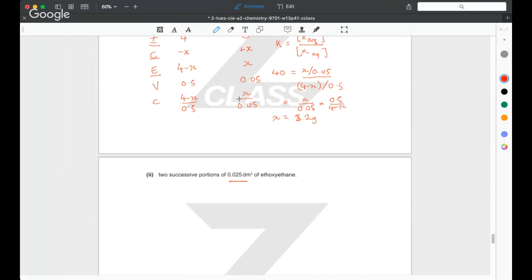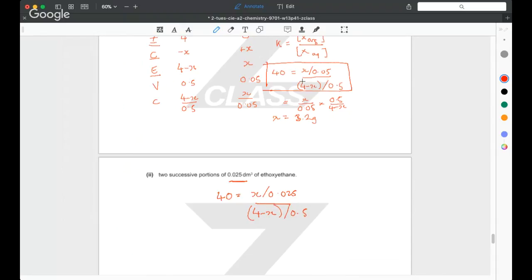So because you've worked out that expression once, now for this example, you've got the partition coefficient is equal to X divided by 0.025 this time, because we've got a smaller volume of ether, over 4 minus X divided by 0.5.